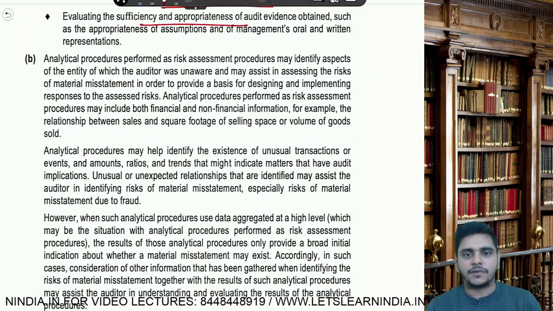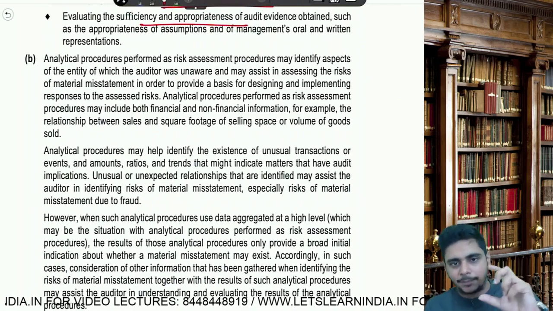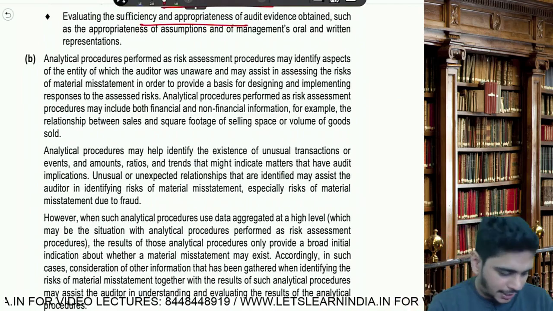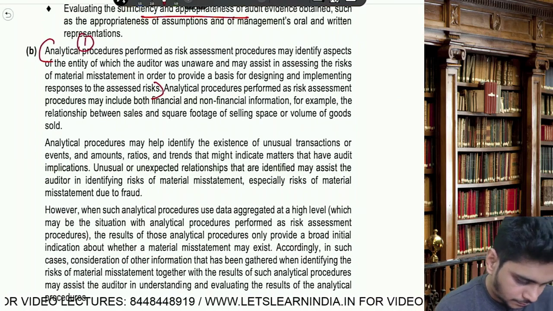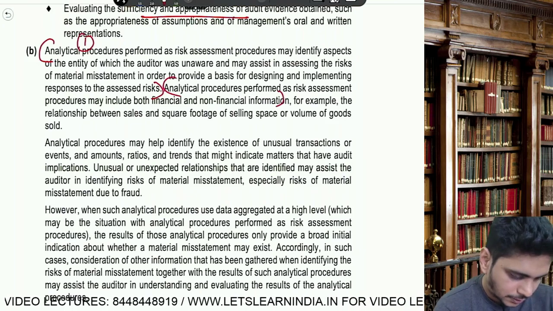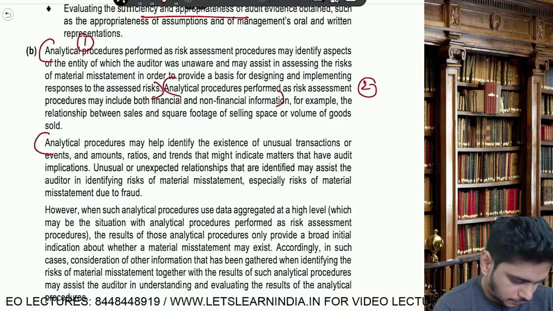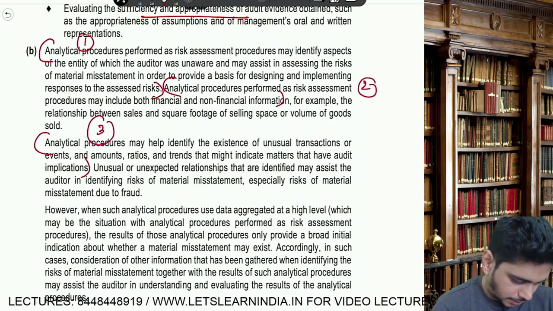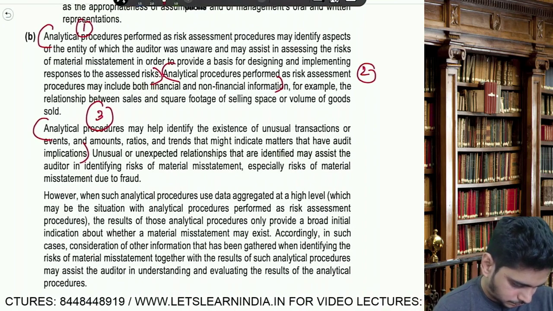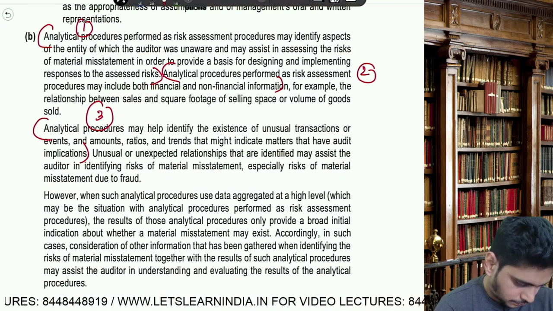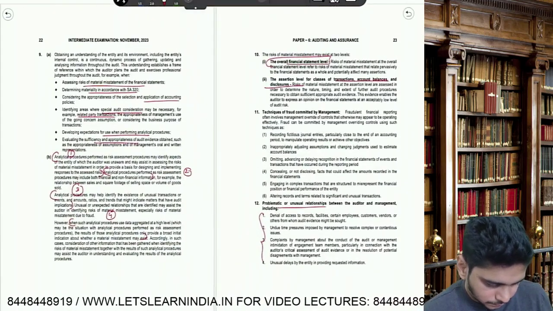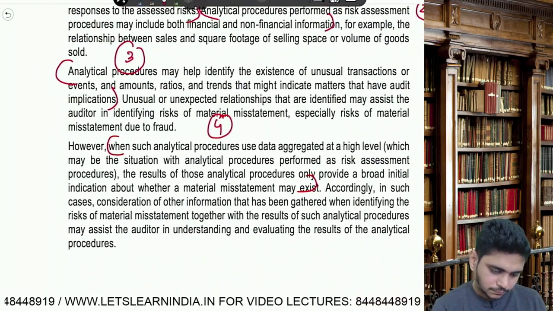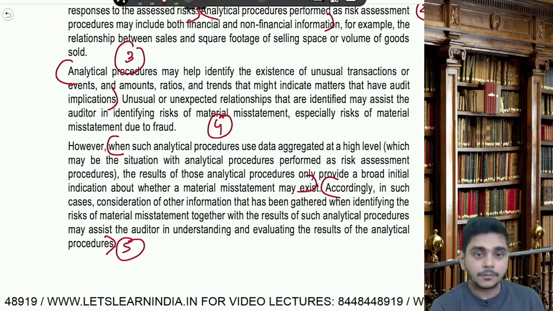Now, the B question is a general answer, analytical procedures plus risk point. You can write any 5 points of your choice. Number 1, number 2, number 3, four, number 5.